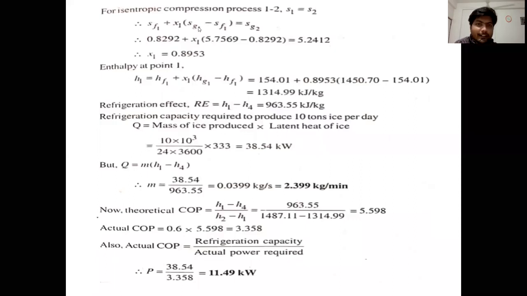Next, for isentropic compression 1 to 2, that is s1 equals s2, and h1 equals h2. For s1, sf1 plus x1 times (sg1 minus sf1). This formula we already explained in lecture number 9.